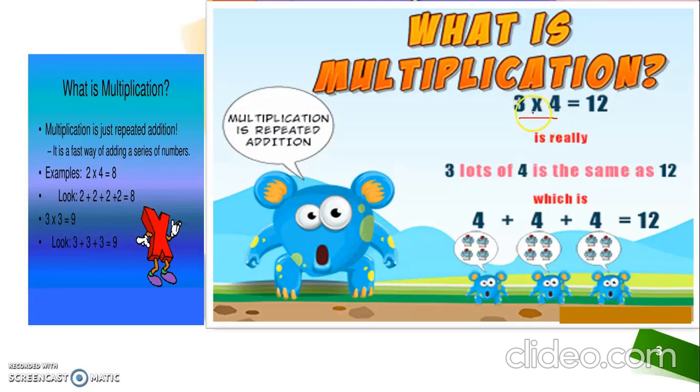So, we will multiply by saying the table as 3 4s are 12. So, multiplication is a fast way of adding a series of numbers.